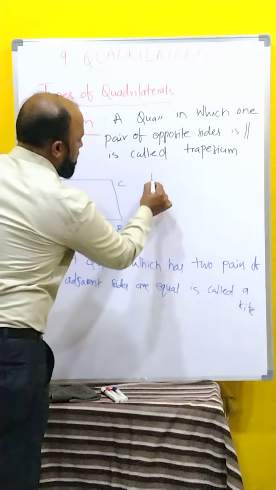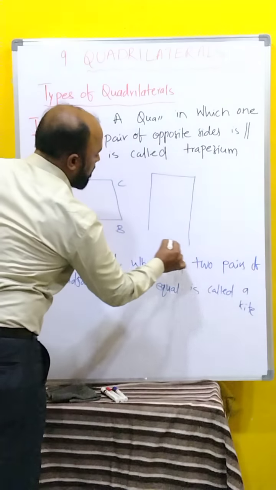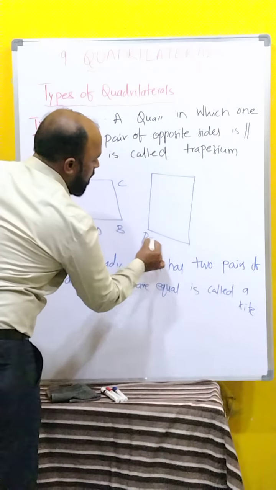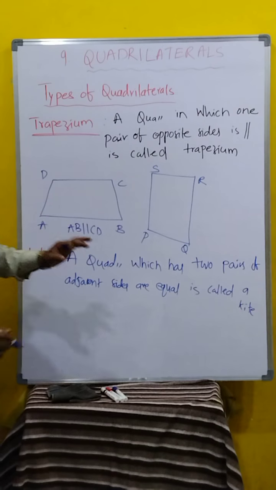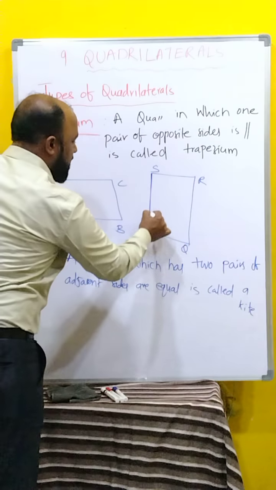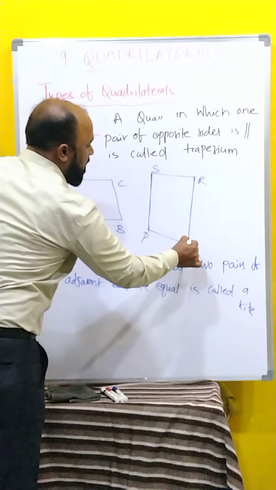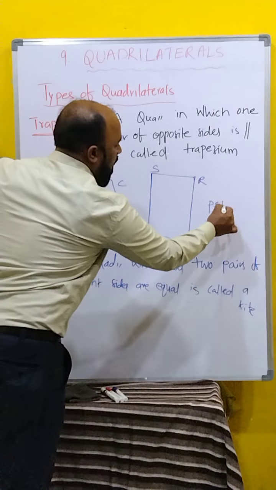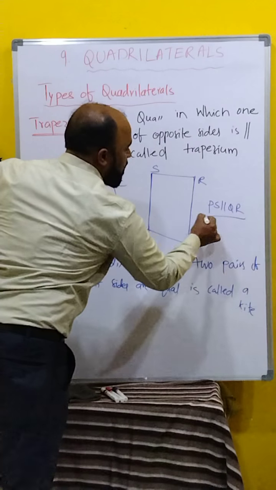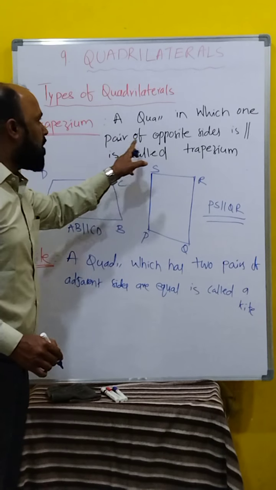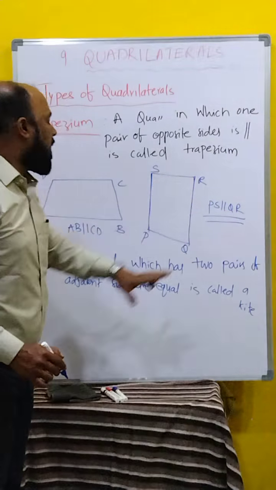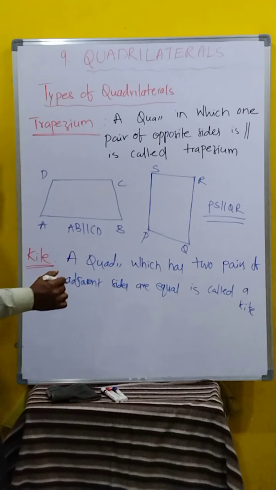Suppose you have like this, P, Q, R, S. This is also a trapezium. What are the parallel sides here? PS is parallel to QR. This is also a trapezium. Clear, children? Only one pair of opposite sides being parallel makes it a trapezium.